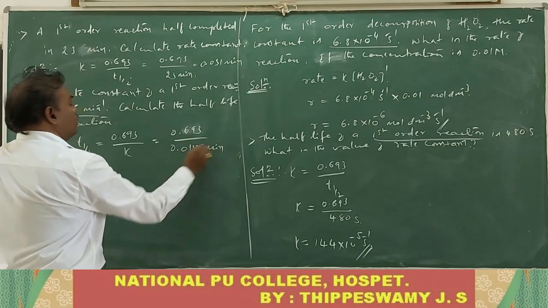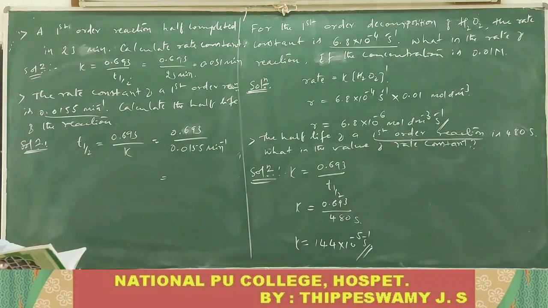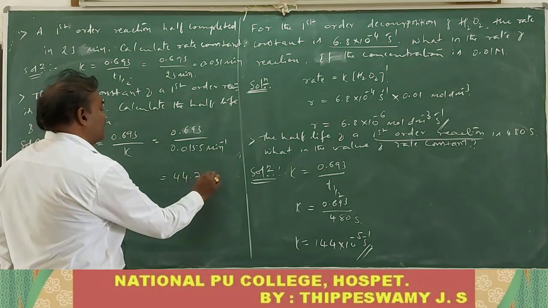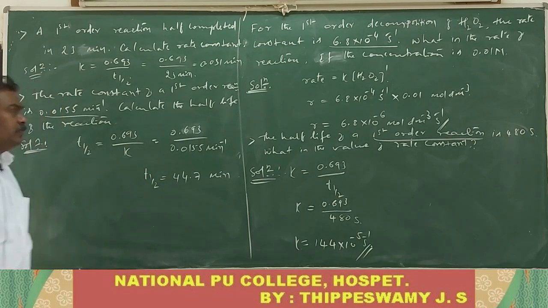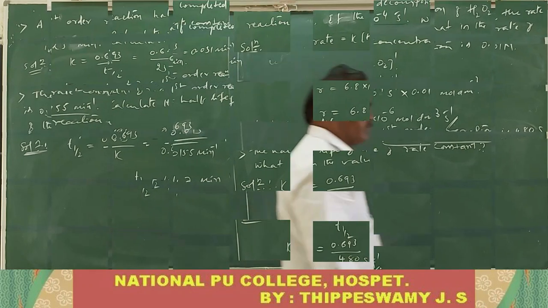Hence, what do we write as the answer? 44.7 minutes is the value of T half. So in this way you can solve many examples based on half-life period and first order reaction.